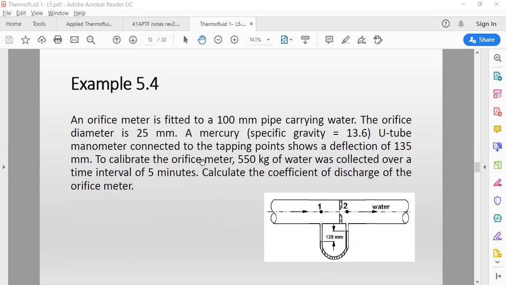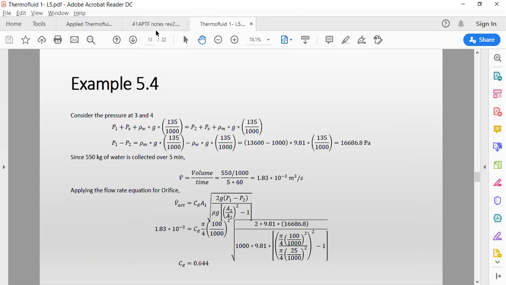Once we have that, I can equate P3 to P4. As I mentioned, your Px can cancel off. Rearrange and group your P1 minus P2 on the left because that is what you want to find. Plug in the densities of mercury and water, and you can calculate my P1 minus P2.